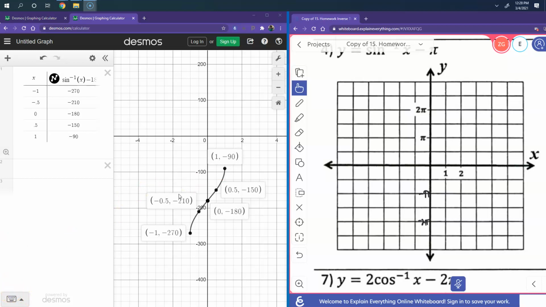So 1 is at negative 90, which is right here. 0 is at negative 180. And then at 270, it's negative 1, so it's right here. So this is my graph.